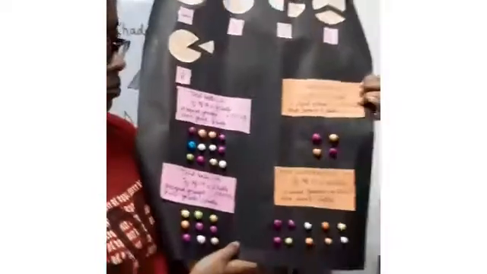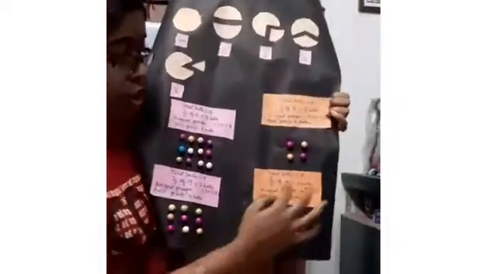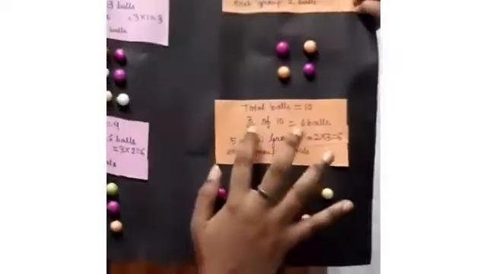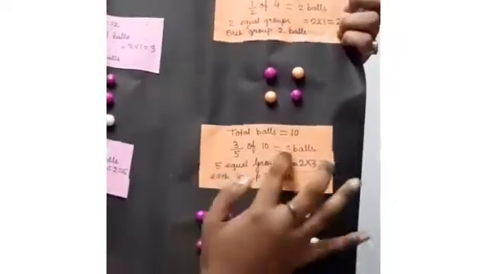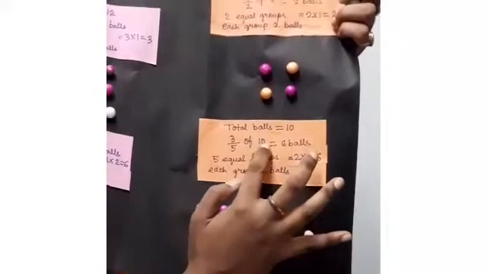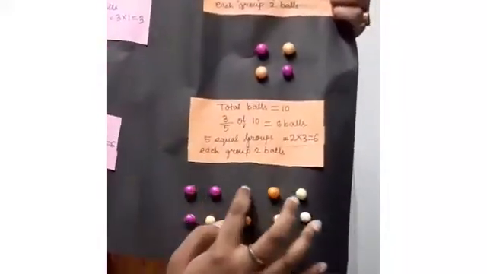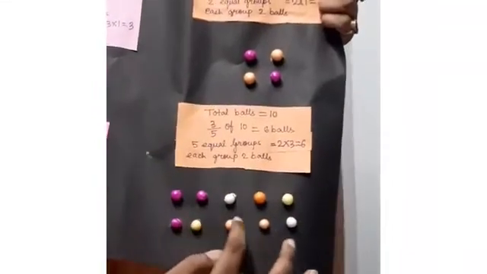The last one. Total balls is equal to 10. 3/5 of 10. Now I have to distribute these 10 balls into 5 equal groups. 1, 2, 3, 4, 5. Again 1, 2, 3, 4, 5.